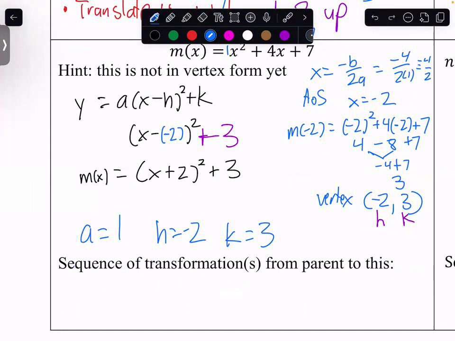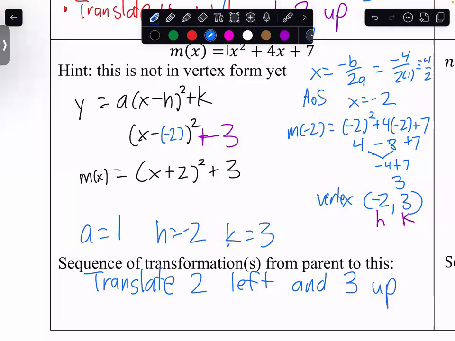So we know H is left and right. Because it's negative, that means left. Make sure you don't say negative 2 left. The left already takes care of the negative. And then the K value is positive 3, so that means you translate 3 up.